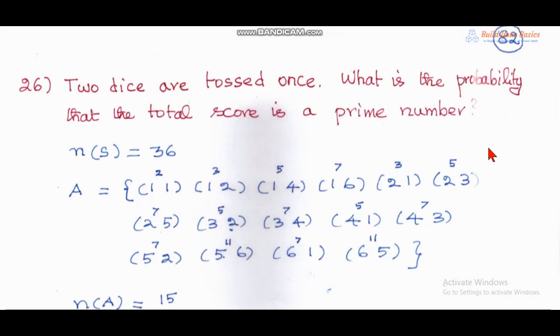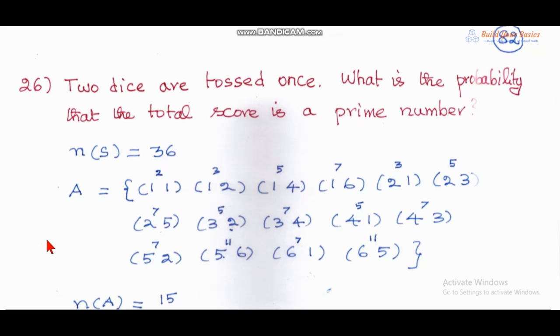Question number 26. 2 dice are tossed once. What is the probability that the total score is a prime number? When 2 dice are tossed once, the sample space for that random experiment will consist of 36 elements.